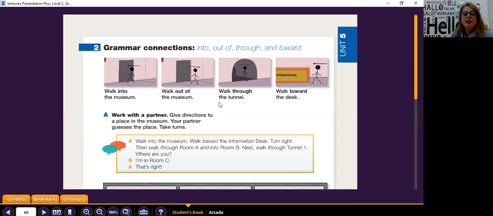Walk through the tunnel. So you can walk through a tunnel, you can walk through a doorway. When you are walking into a place, you are going through a doorway, okay? And then walk toward the desk, toward. There's kind of a w sound in there, toward. Walk toward the desk. So that would mean that you're getting closer to or you're getting near to the desk.